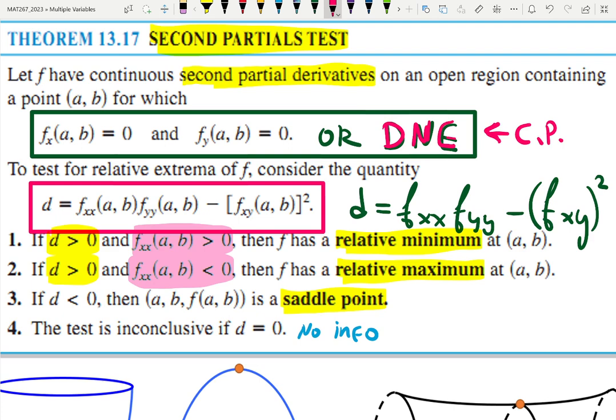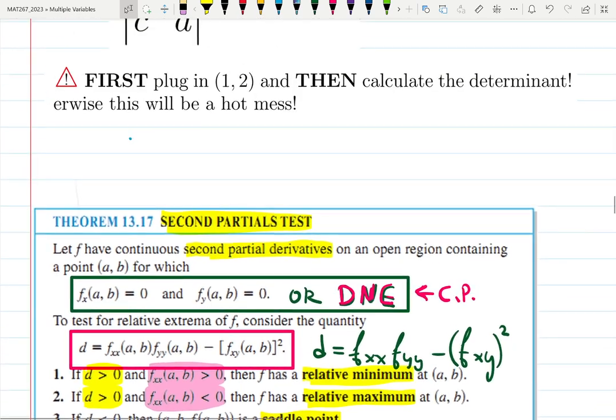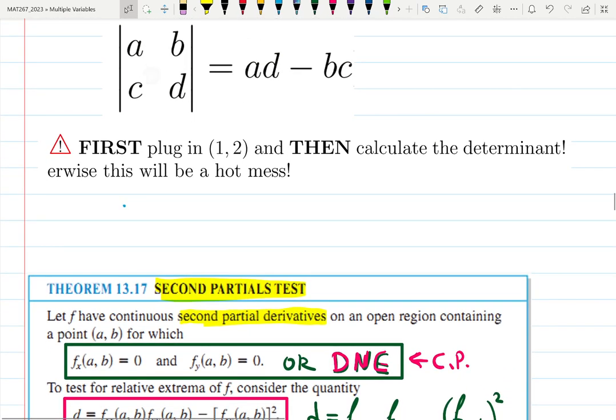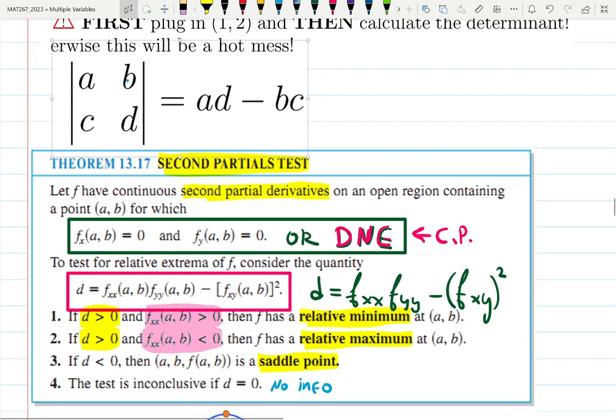I also want to point out that the formula for D is easier to memorize like so.